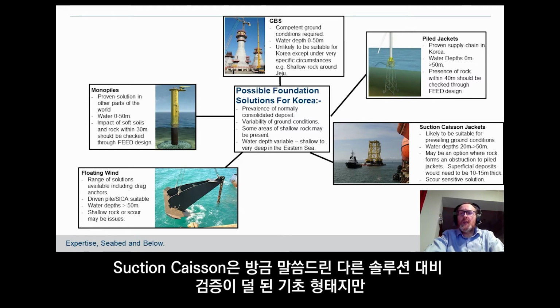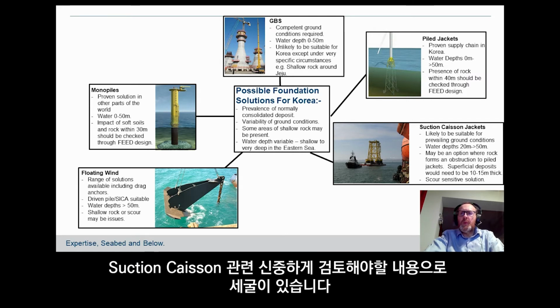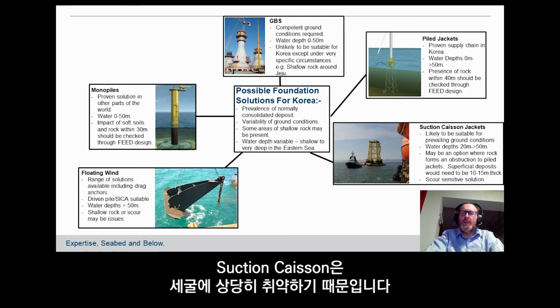Suction caissons is a less proven solution than the other solutions we've just talked about, but it could come into play for sites where there is shallow rock that might foul monopiles or jacket piles. One thing that would have to be carefully considered with that sort of solution is the scour, and this solution is quite sensitive to scour.